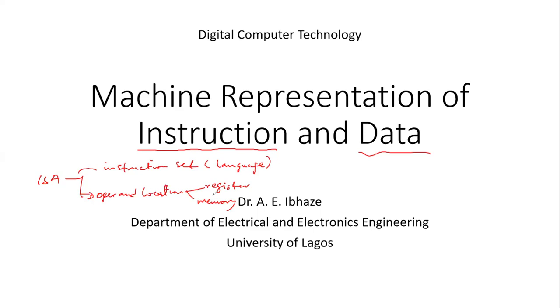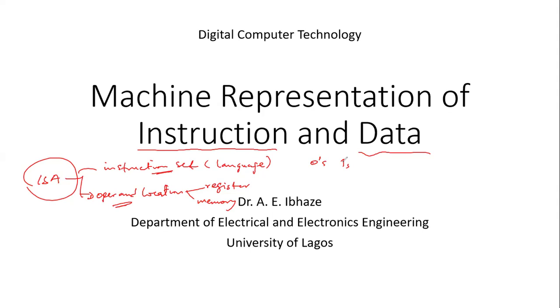But the bottom line is, for us to be able to deal with the instruction set architecture, we should be able to program all of these. And for us to be able to do that, we will have to represent everything we want to do with zeros and ones. That is where we are going.